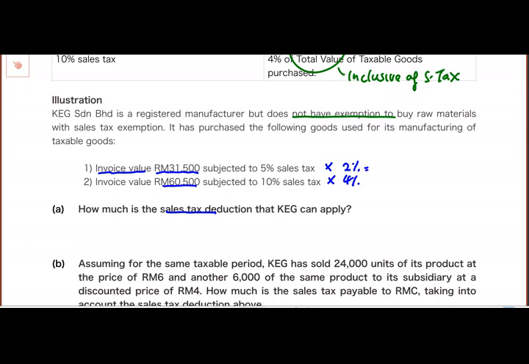Now, you see the sales tax is based on 30,000 plus 5%, which is 1,500, so it becomes 31,500. You see that? But you only get back a sales tax deduction of 630.